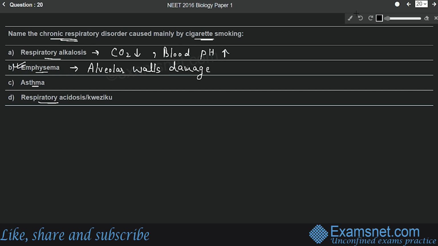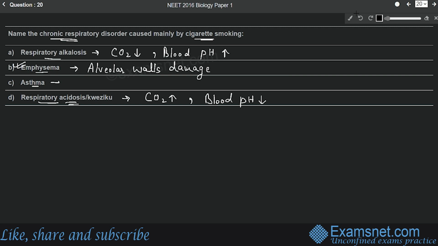So this is known as respiratory alkalosis, and respiratory acidosis is just the opposite. That means in this case the body will not be able to eliminate carbon dioxide, and due to that the amount of carbon dioxide will increase, and due to that blood pH will decrease, and it shows that there will be acidic condition. Okay, so this is known as respiratory acidosis.